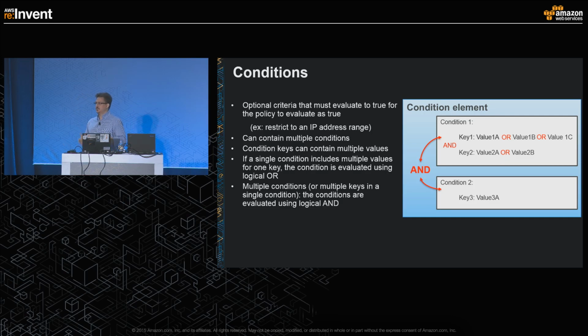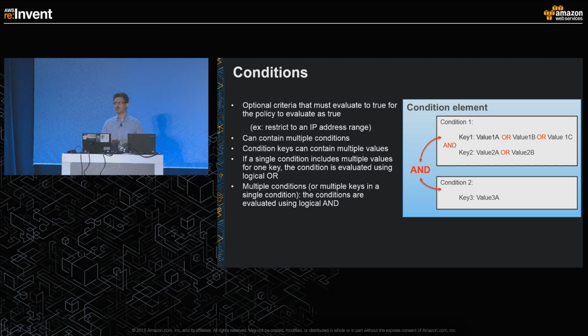So why didn't we just put operators in there for AND and OR? I don't know, this predates me. But this is how it's evaluated. The way this policy reads is the condition will be true if key 1 is any of those 3 values, and key 2 is any of those 2 values, and key 3 is that single value.